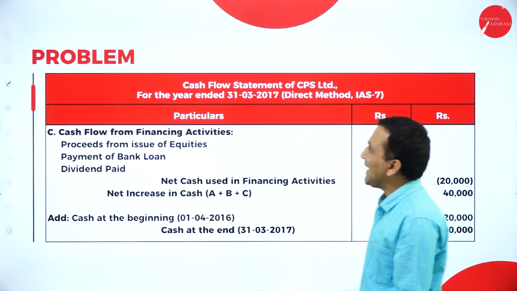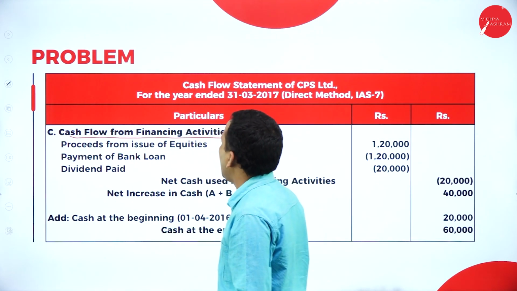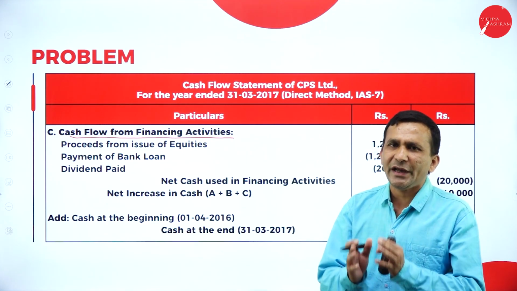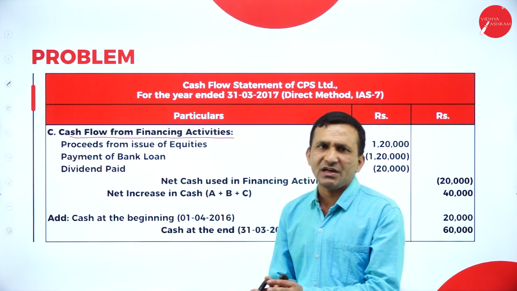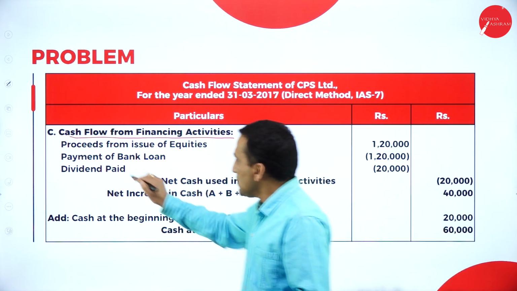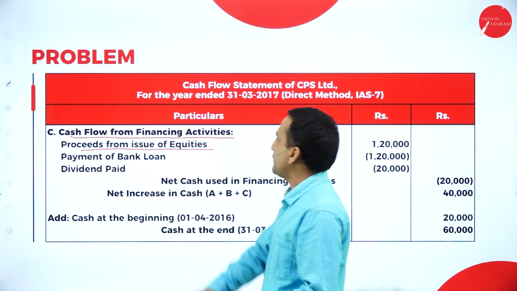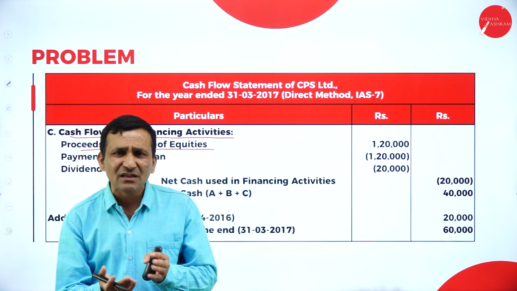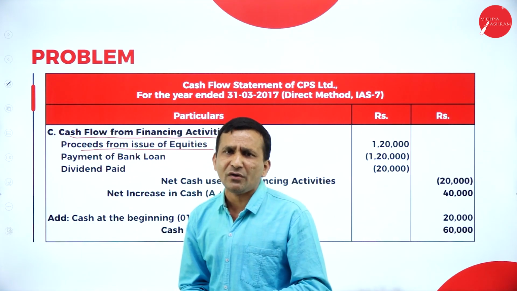Moving to the financial activity: cash flow from financial activity is related to raising finance and making payments when you are involved with financial instruments. Here, proceeds from issue of equity. Proceeds from equity means what? It is a kind of shares, the real owners of the company.